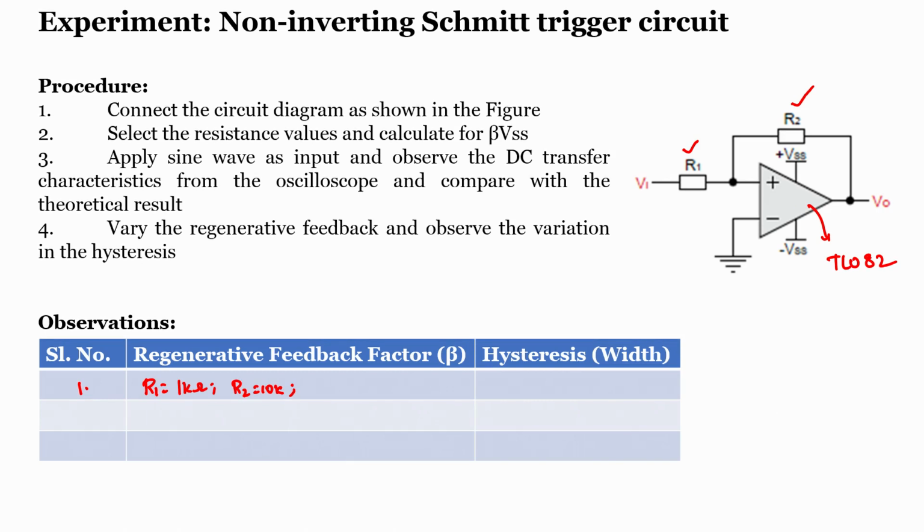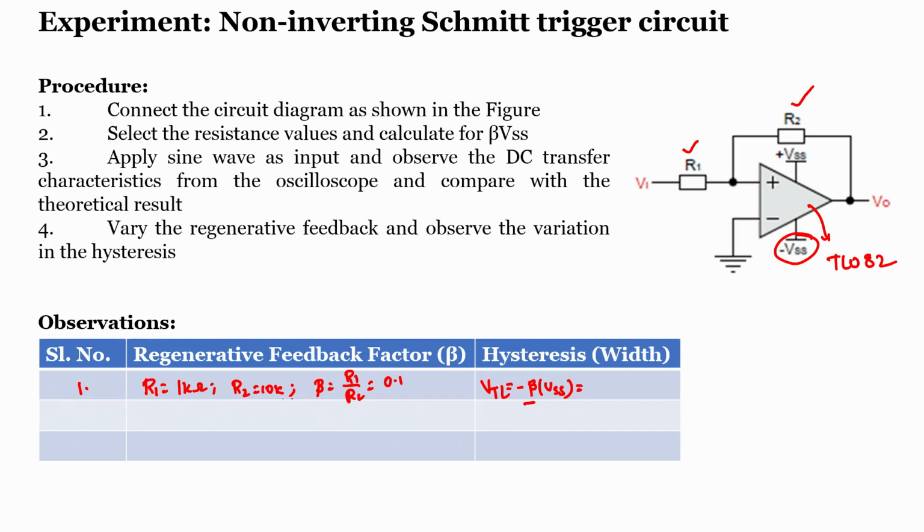So, in this case, what is the beta value? As we know, beta is nothing but R1 by R2. So, the beta value is 1 by 10, which is 0.1. Then what about the lower threshold? VTL, which is our lower threshold, is minus beta into VSS, that is, the negative supply voltage times the beta value.